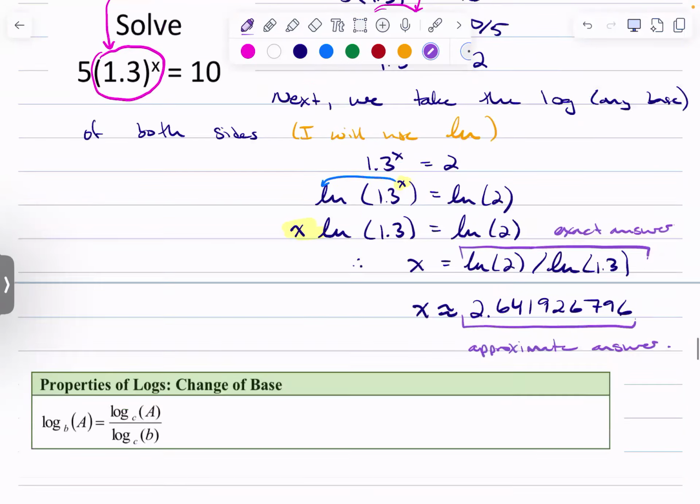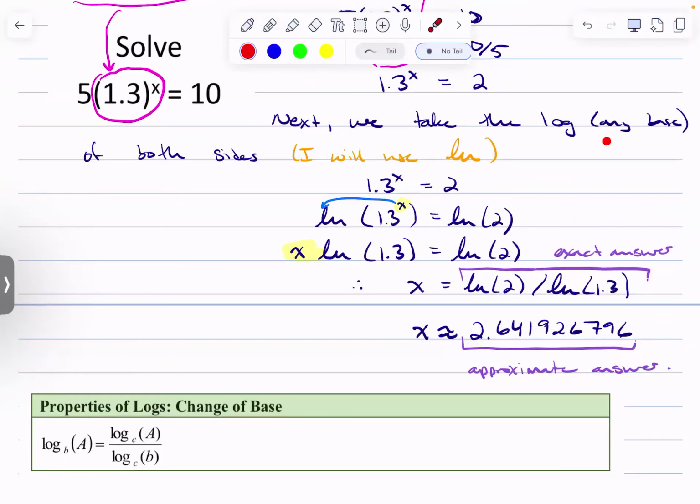Of course, because you have the choice of using any base, this log law will work for any base. So I would encourage you to use a base that you have on your calculator, log base 10, log base e, like we did.